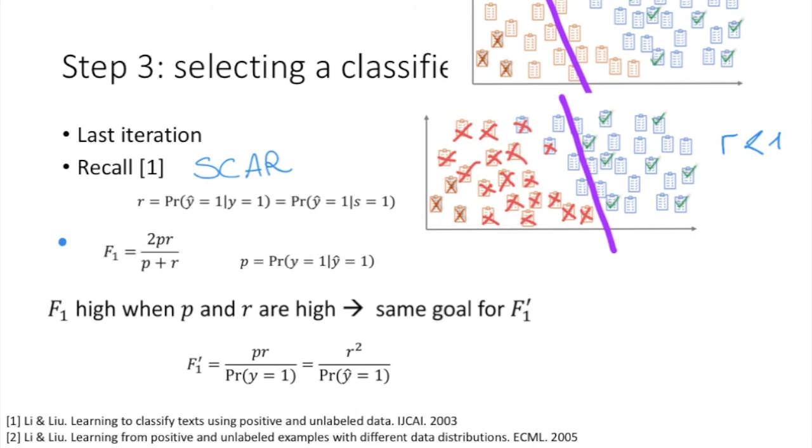This one can actually be translated to this equivalent score, and you can see that we calculate it using only the recall, which we can calculate using the PU data, and the probability for an example being labeled, which we can also calculate from the PU data. This derivation I'm not going to do in this tutorial, but you can find it in the paper or also in our survey paper.